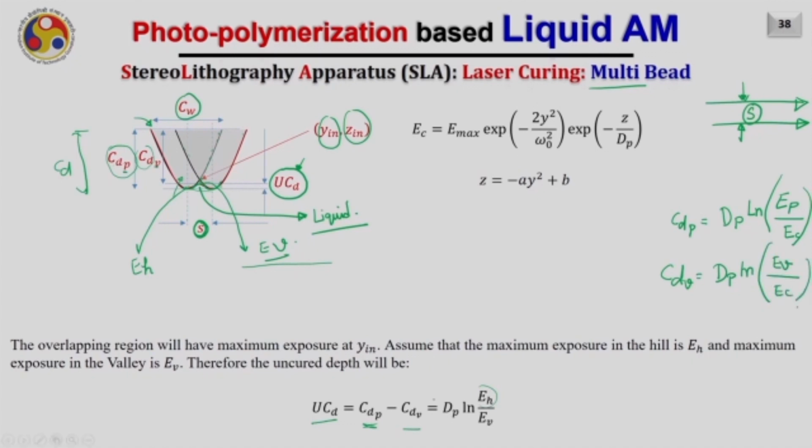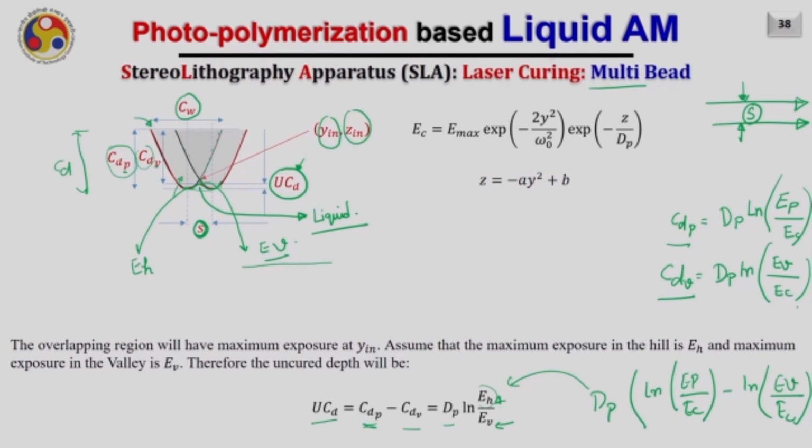Now if we are writing like this, so you are writing CDP minus CDV, hence you can take dP outside and it will be ln EP by EC minus ln EV by EC. So further simplify it and you can get the expression dP ln EH by EV. So energy in the hill and energy in the valley.